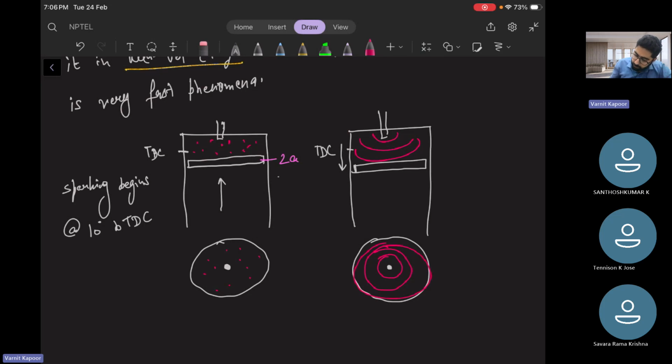This is, let us say, some CA position, for a very minimum volume change. If you see from this position to this position, the volume change is very minimum.